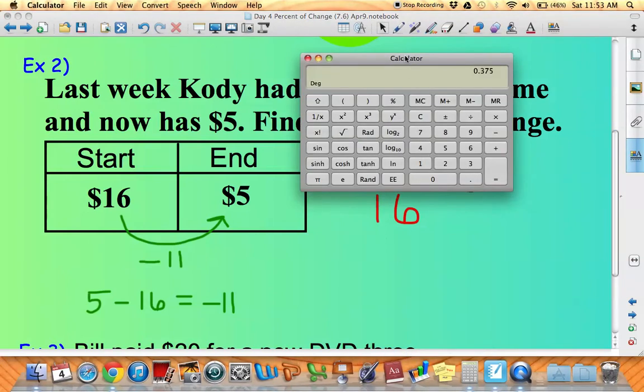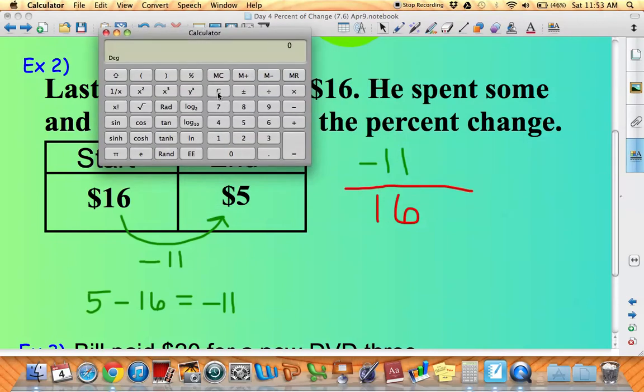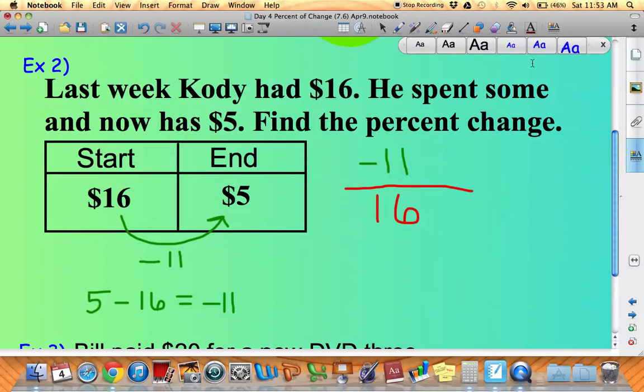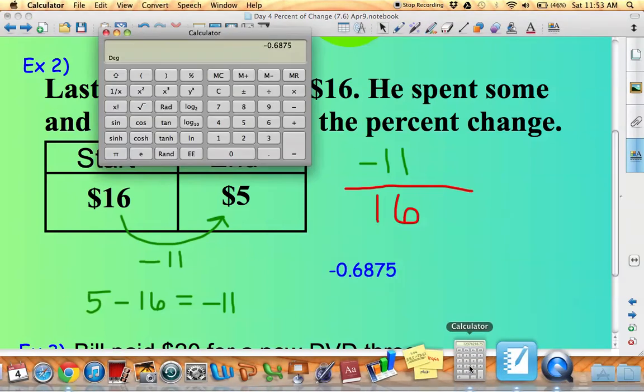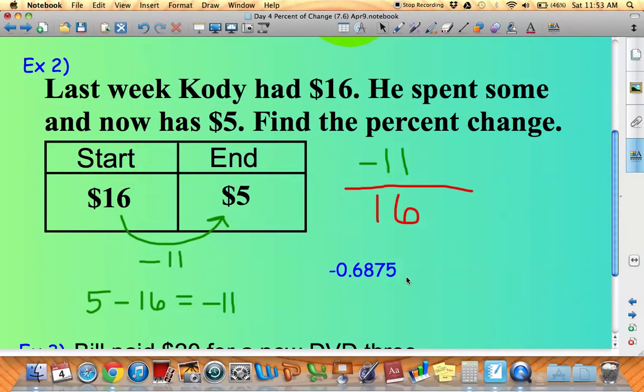So now when I pull out my handy dandy calculator, I have a negative 11 and I'm dividing by 16. Negative 0.6875. Negative, let's see if I can remember this, 6875. Is that right? Yes, okay.